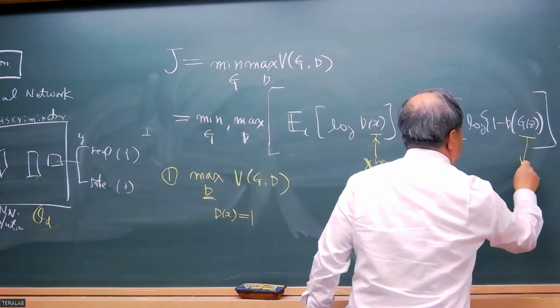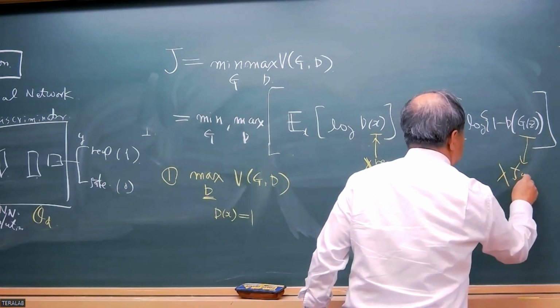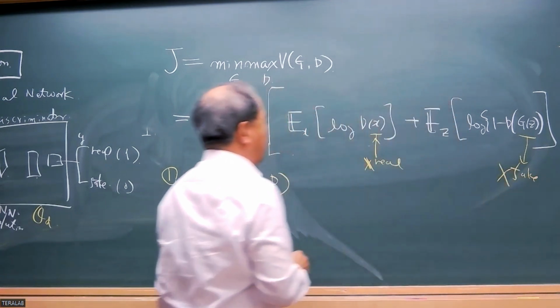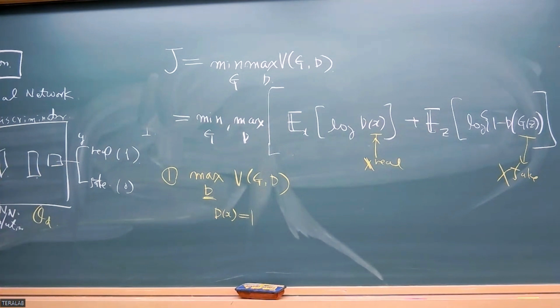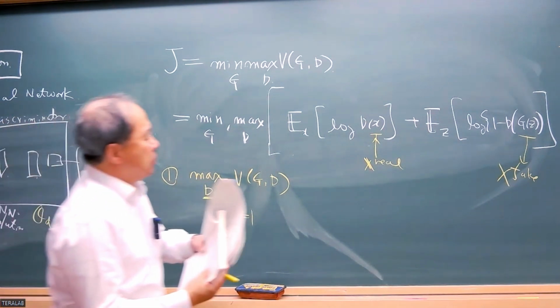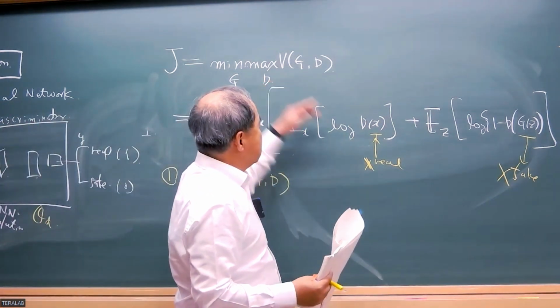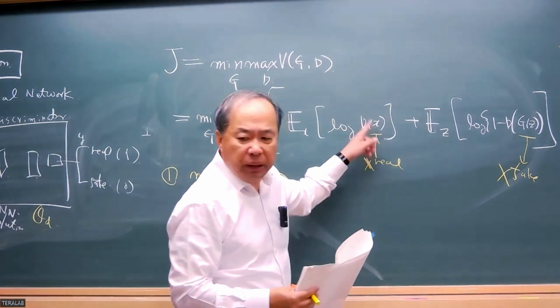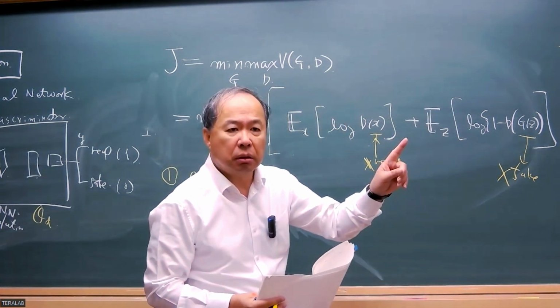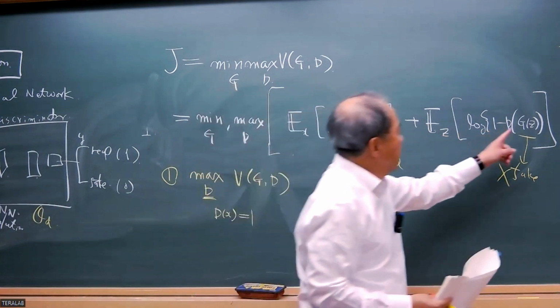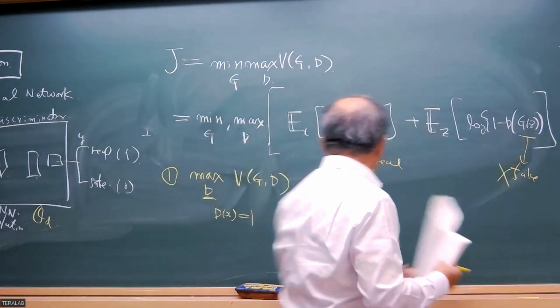This is actually x fake. What this means is that this is a log function. To maximize this, D(x) should be equal to 1, and this part should be equal to 0.